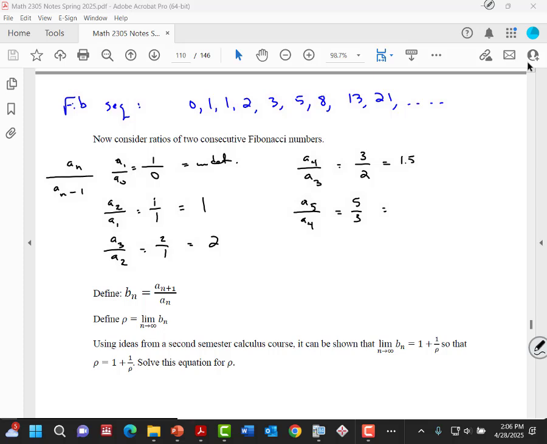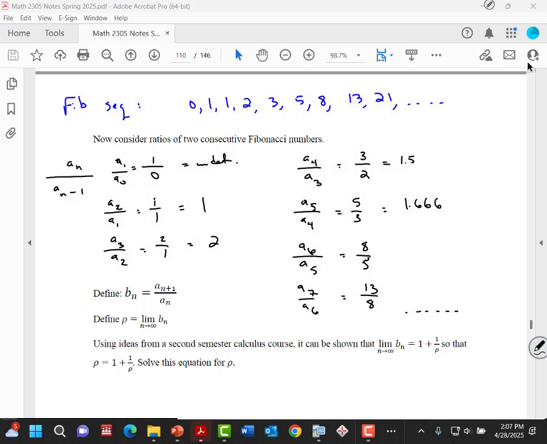That's approximately, what, 3 goes into 5, 1.666, repeating. Next, A6 over A5, excuse me. That would be 8 over 5. A7 divided by A6, that would be what? 13 over 8. And so hopefully you can kind of see the pattern right here.